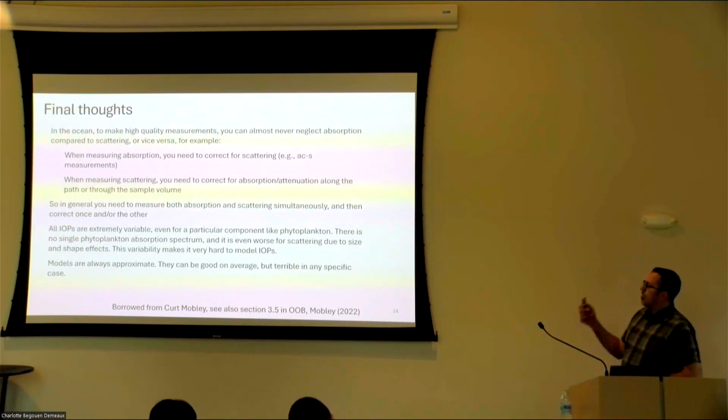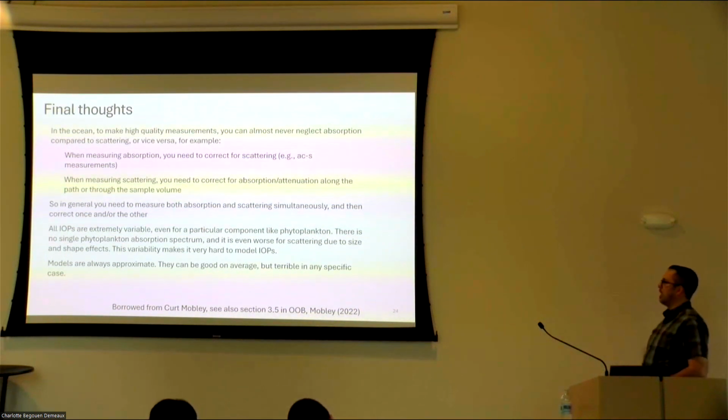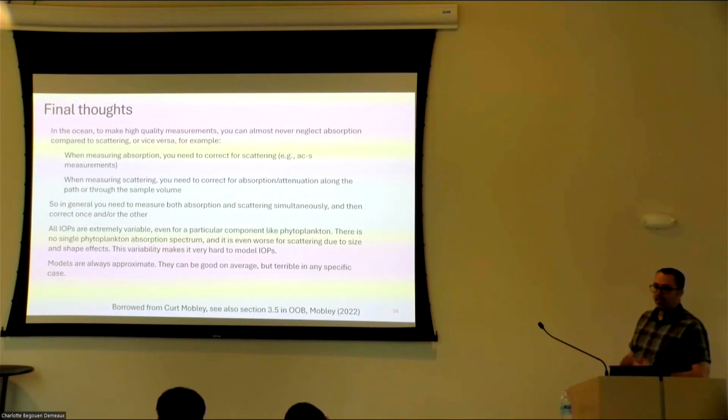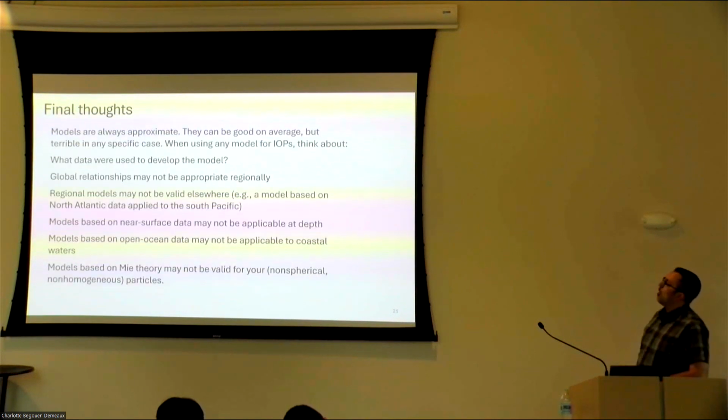All IOPs are extremely variable, even for something as simple as phytoplankton, right? There's no single phytoplankton absorption spectrum, and scattering, like we just said, we're still trying to figure out how to simply explain phytoplankton scattering. There's huge amounts of variability in that. Models are always approximate.